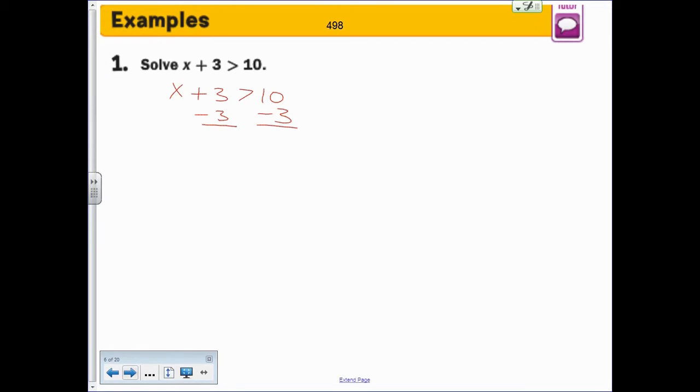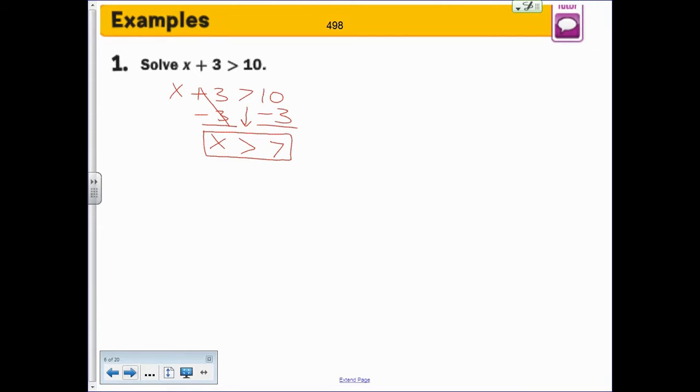Positive 3 and negative 3 are opposites, so they cross off, leaving me with x. 10 minus 3 is 7, and I just bring my sign down. x is greater than 7. And you would be correct. That's exactly how we're going to solve this one-step inequality.